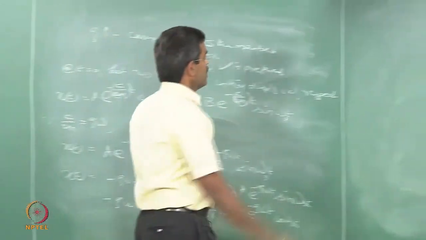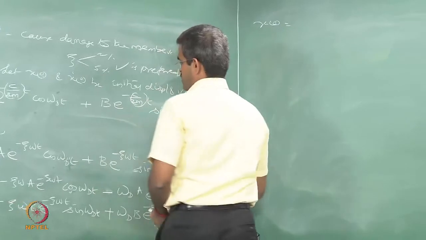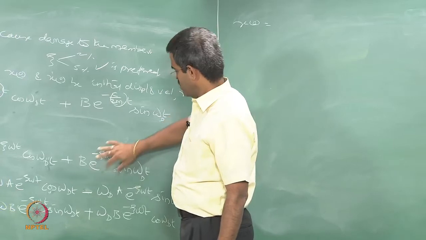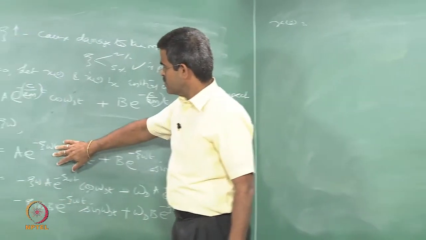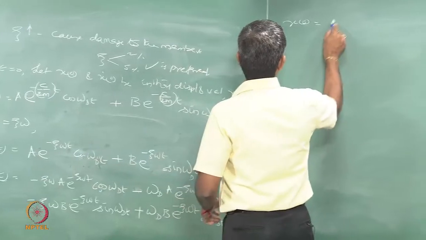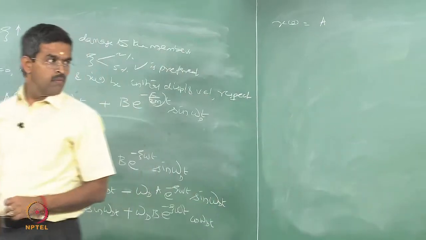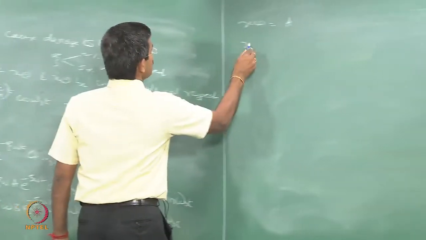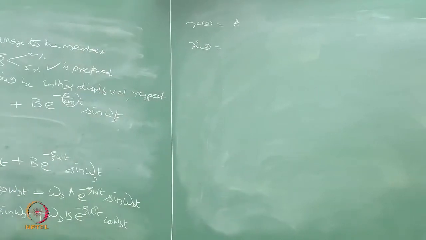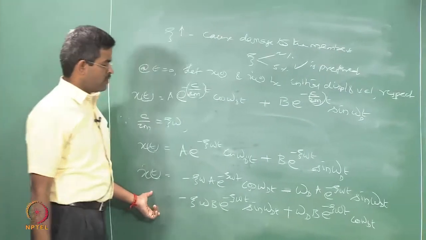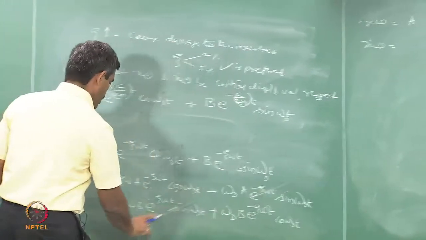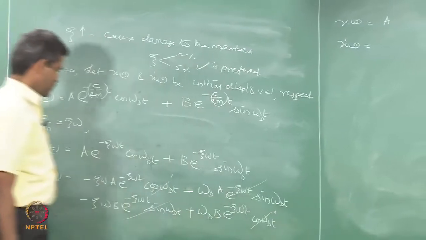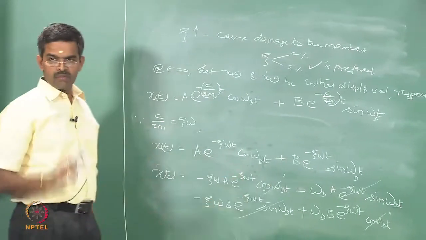So, let us say x 0 is this equation I am picking up. At t equal to 0, this term goes away because it is a sine term, and this becomes unity. So, x dot 0, I am applying the second equation, t becomes 0, therefore the sine terms will go away, the cos terms will become unity and exponential powers will all become 1.